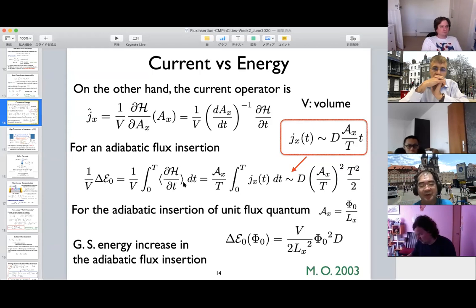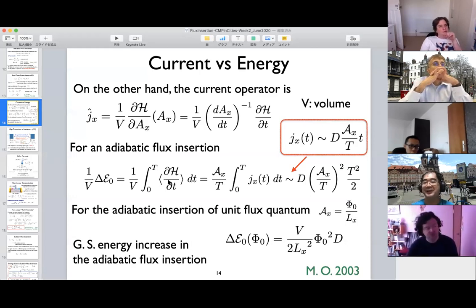To be precise, I should write the expectation value with respect to psi of t. This equality is something like a Hellmann-Feynman theorem. It's not completely trivial, but if you write down the equation, you can check this equality holds.